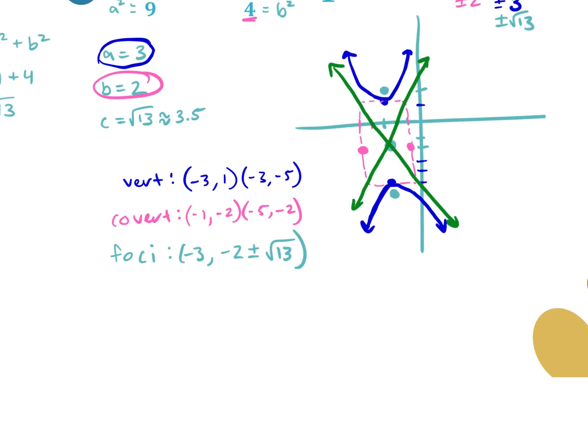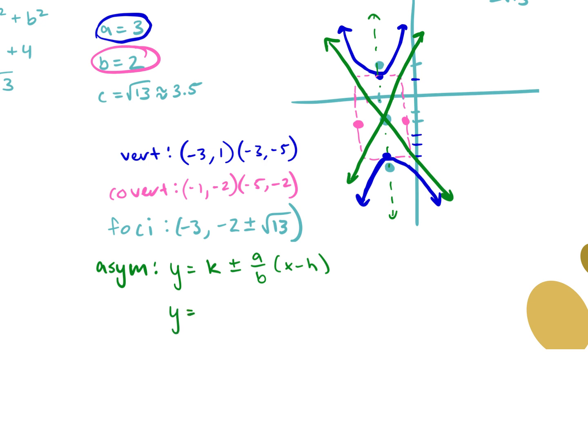The very last thing that we have to do here is write our equation for our asymptotes. Since this is a vertical transverse axis here, it's going to be a over b. So we have y is equal to k plus or minus a over b times x minus h.